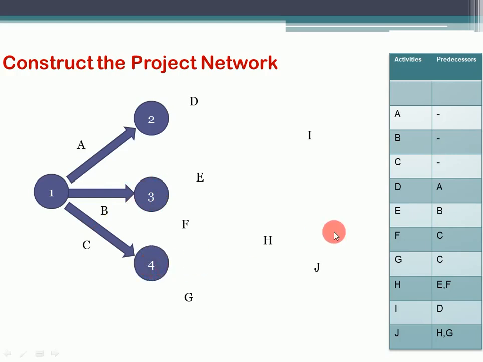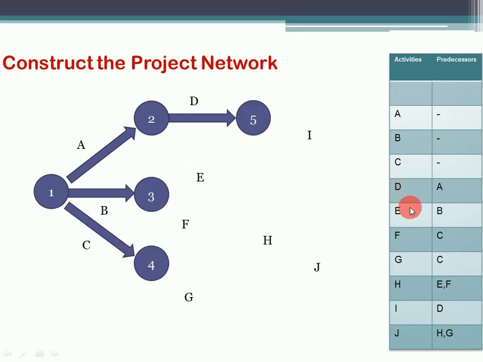Now activity D has A as its predecessor. That means we have to start D where A is ending. Let's find A first. A is here, ending at 2. This means we have to start activity D from node 2, and as the previous activity ended at 4, activity D will end at node 5.